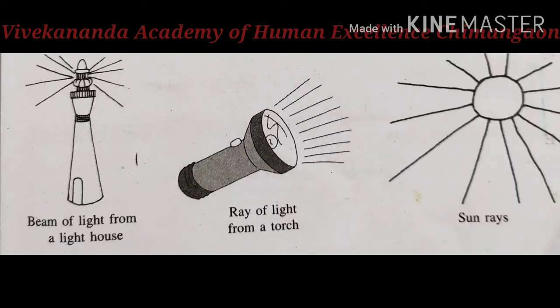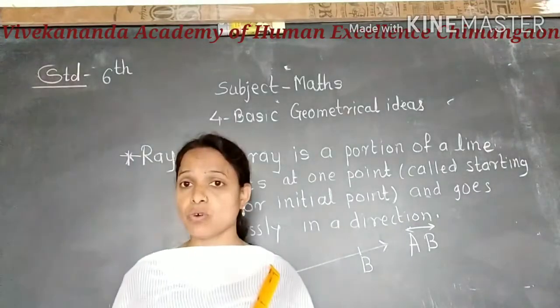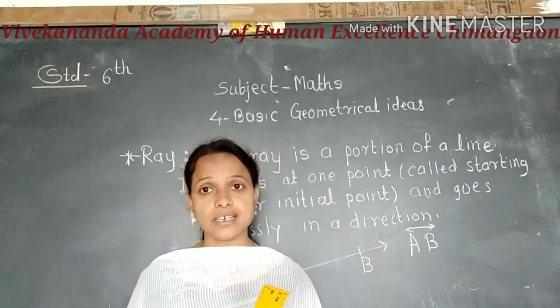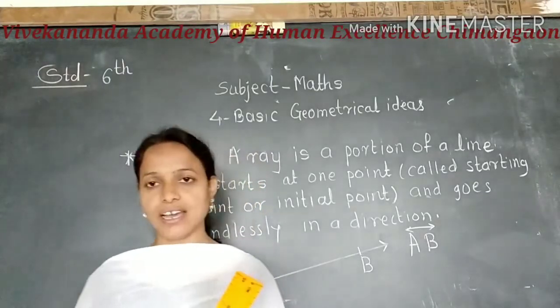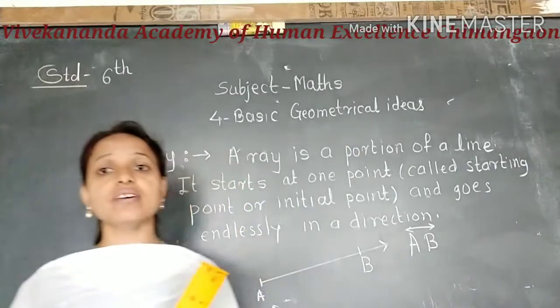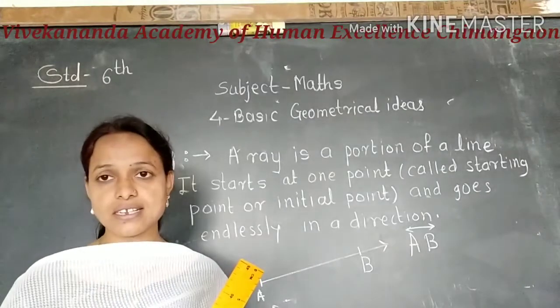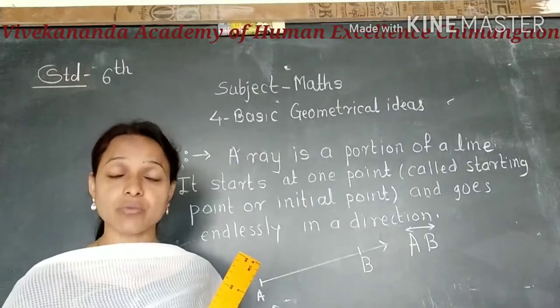Students, observe the given figure. First figure is a beam of light from a lighthouse. Second figure is a ray of light from a torch. And third figure is of sun rays. If you observe these figures, you come to know that a ray is a portion of a line. It starts at one point.